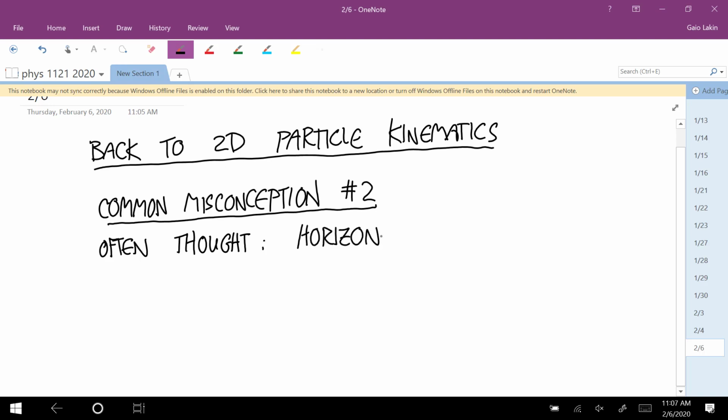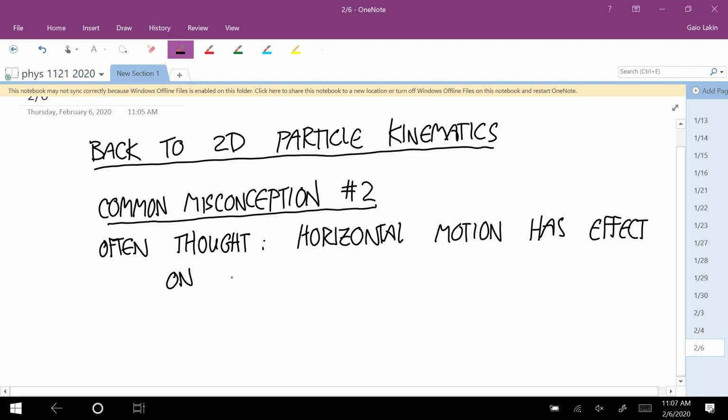So it's often thought that horizontal motion has an effect on the gravitational pull. The truth is it doesn't.